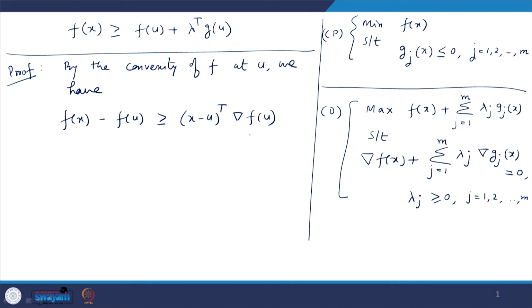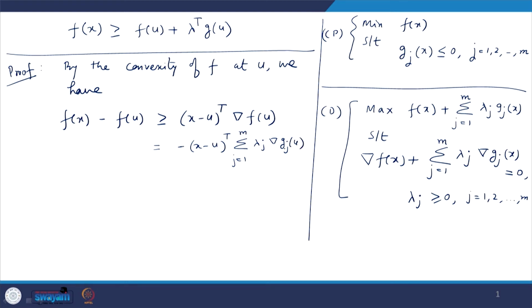Now, since (u, lambda) is feasible for problem D, you multiply both sides by (x minus u) transpose. So, that means this will be equal to minus (x minus u) whole transpose summation lambda_j gradient of g_j(u).